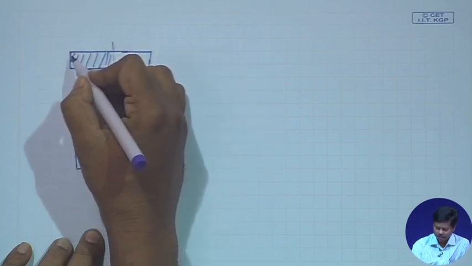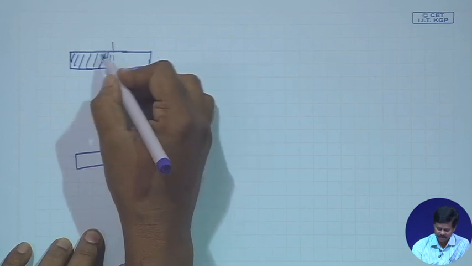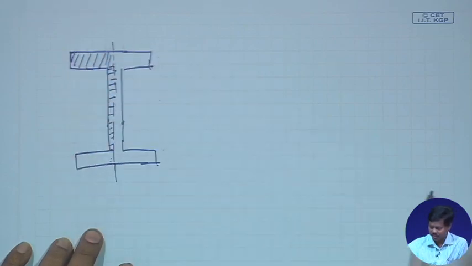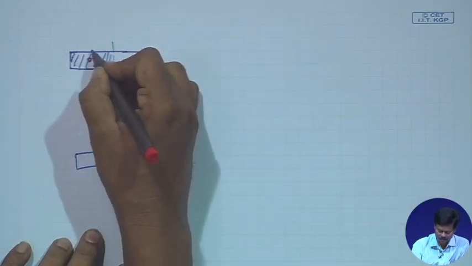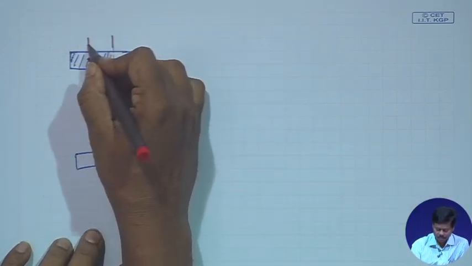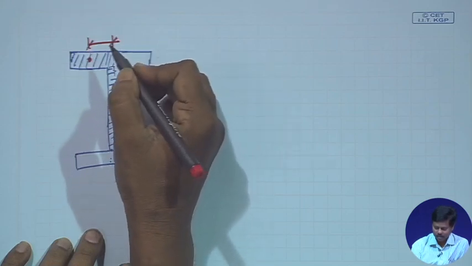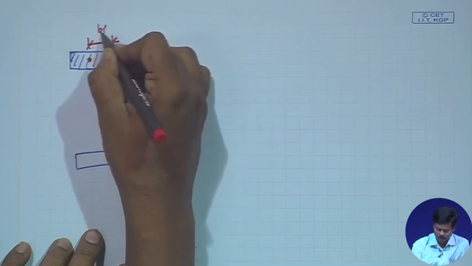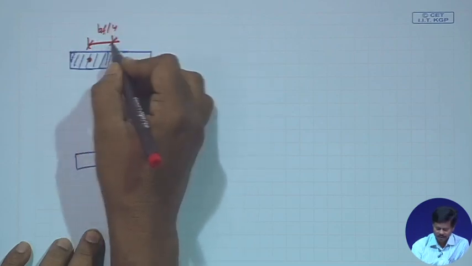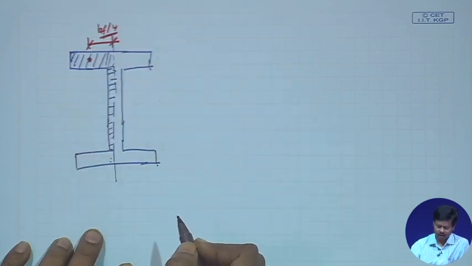So, the area of this flange will be B f by 2 into T f, and the C g distance will be from here B f by 4, right, because the total is B f by 2. So, half of that will be B f by 4, okay.